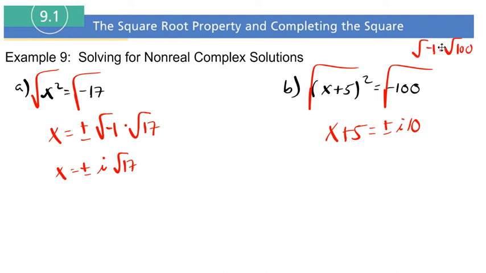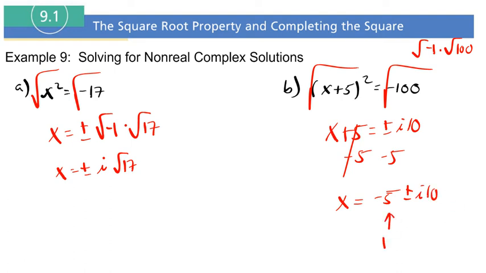So this is where the i comes from, and this is where the 10 comes from. And then we subtract 5, x equals, again, we put this number first, -5, and then plus or minus 10i.